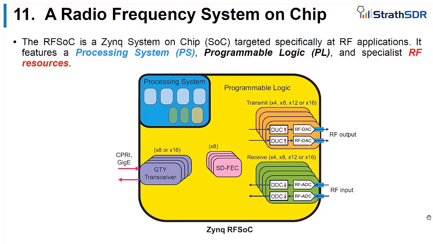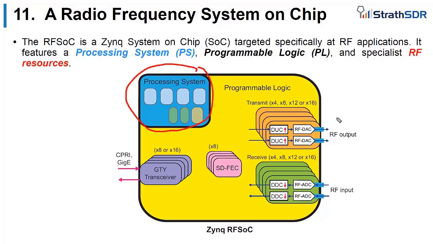So if we look at the Zynq RFSoC again, let's look at the core components we have for software-defined radio. So it's a system on chip. So there's many different components that we can see. We have a processing system, and we'll see this processing system consists of various ARM cores and other processors.